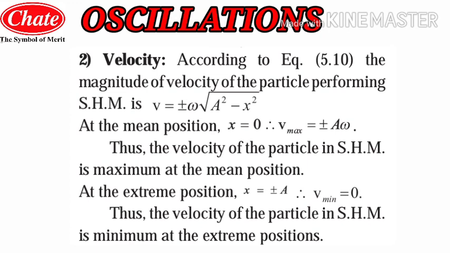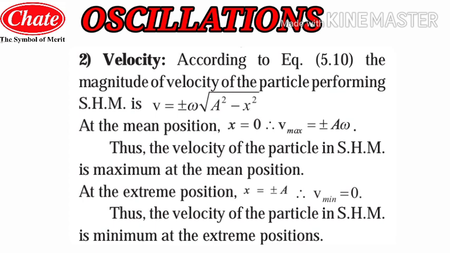Thus the velocity of the particle in SHM is maximum at the mean position, we have concluded from this expression. Now at the extreme position, x will be plus minus a, which means the block is displaced to the rightmost position, the value of amplitude a is maximum.